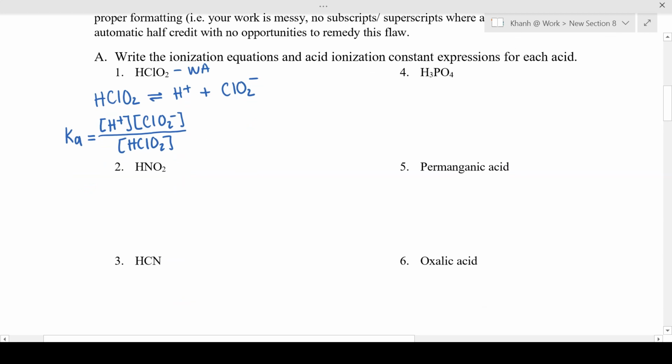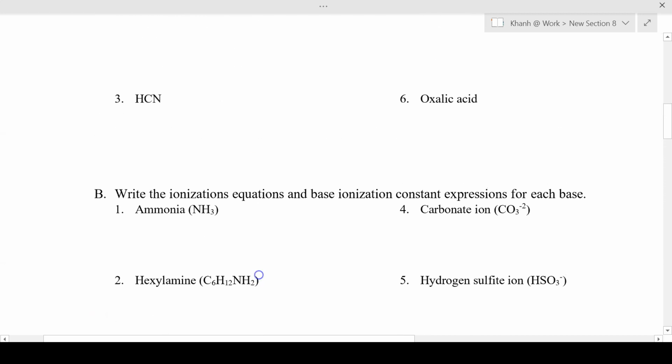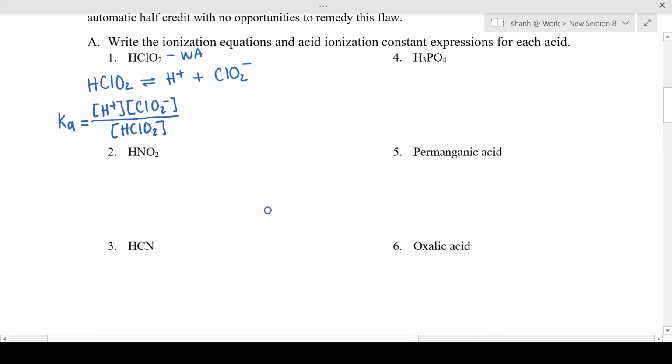Now number 2 is HNO2. Once again, let's look at our list. It is not part of the strong acid list, so we have once again a weak acid. Let's go ahead and start writing the ionization equation. HNO2, because it's a weak acid, is going to dissociate partially, and we're going to show that by using the equilibrium or the two-way arrow.